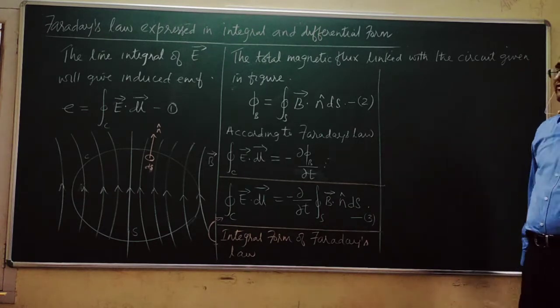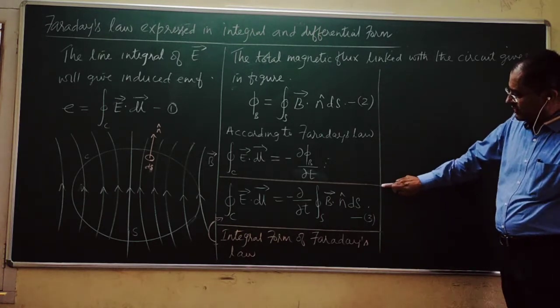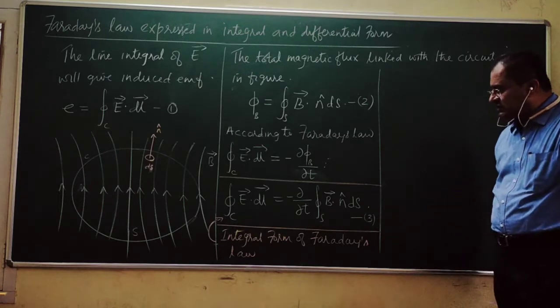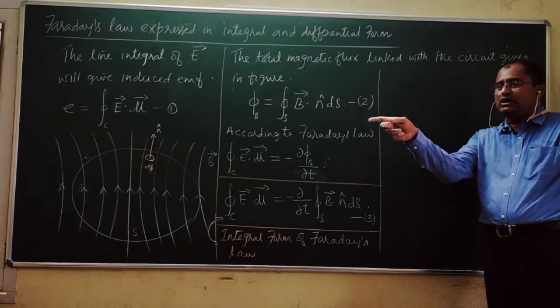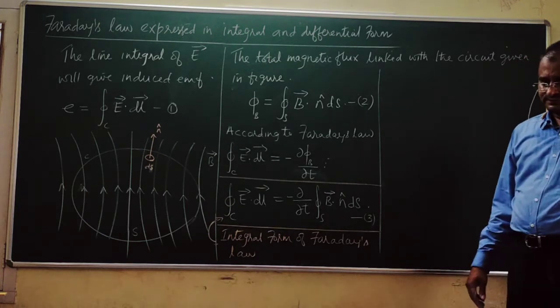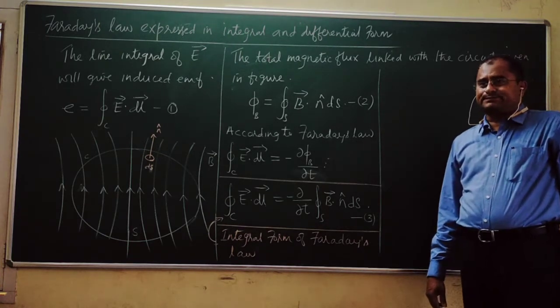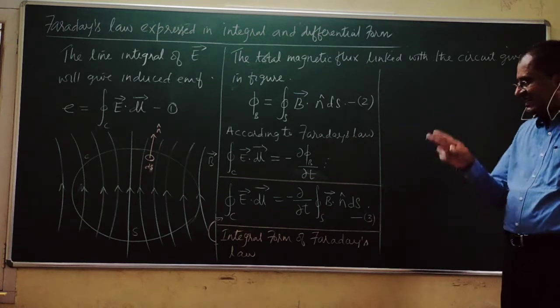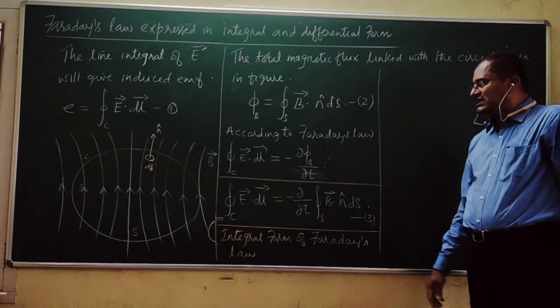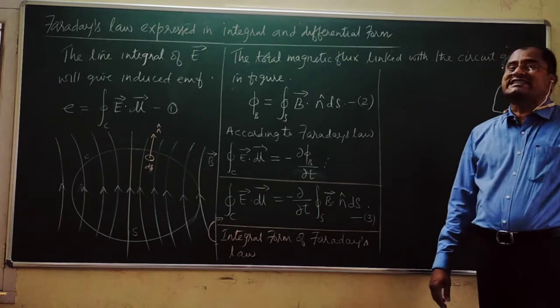In mathematical physics, your teacher would have taught you how to convert a surface integral into a volume integral, the Gauss divergence theorem, and how to convert a line integral into a surface integral, Stokes theorem.